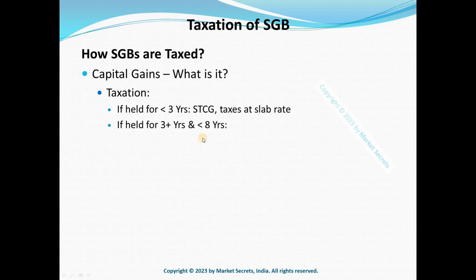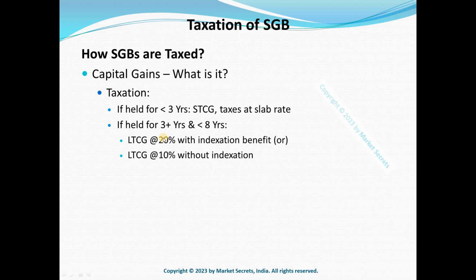And likewise, if you are holding it for more than 3 years but less than 8 years, how is it taxed? In that case, your taxation will be based on long-term capital gains, and you have two options here. The first option is you can pay 20% with indexation benefit, or you can pay long-term capital gains at 10% without indexation benefit. So it's up to you to choose.